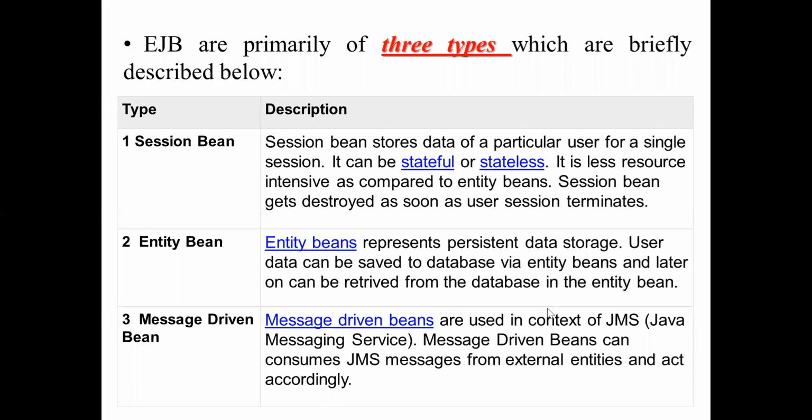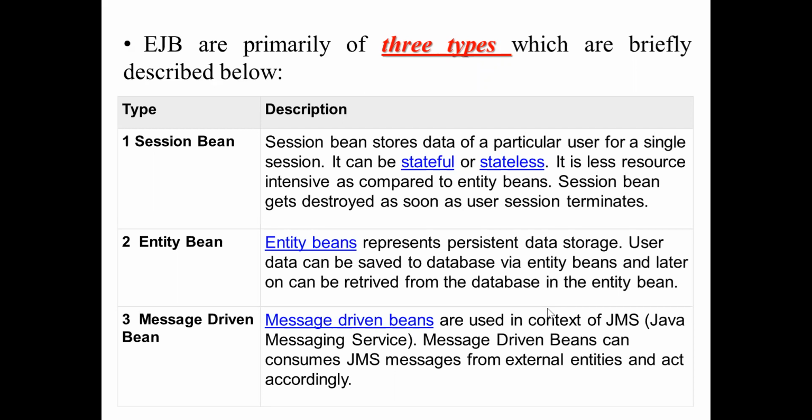And the second one is the entity bean. This entity bean represents persistent data storage. User information data can be saved in our database via the entity bean, and later it can be retrieved from the database.